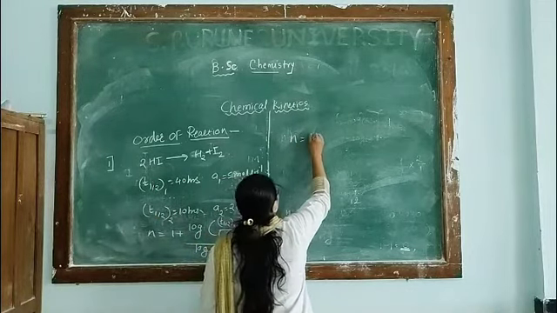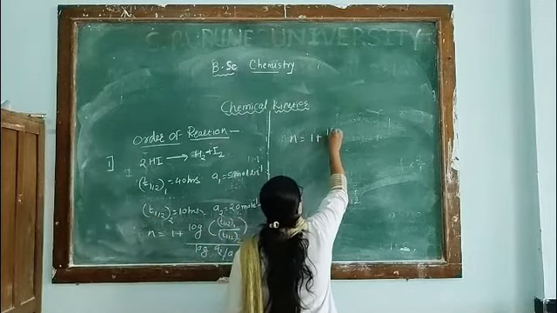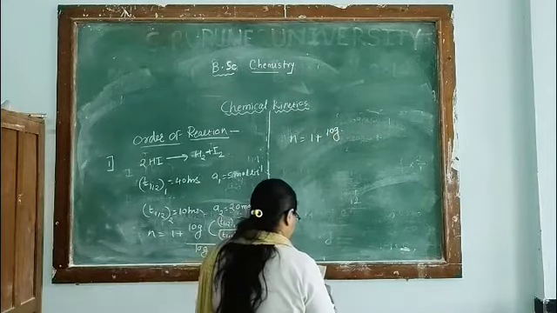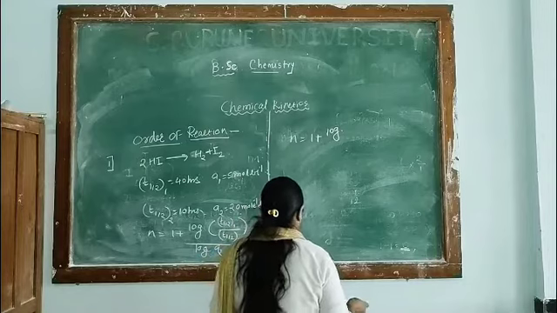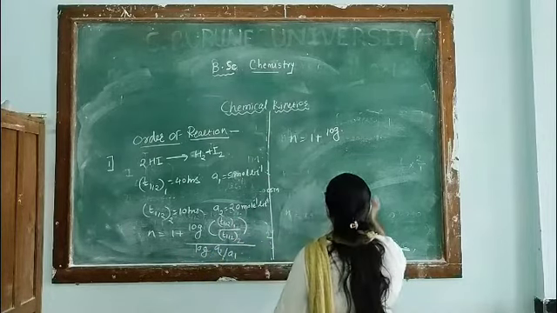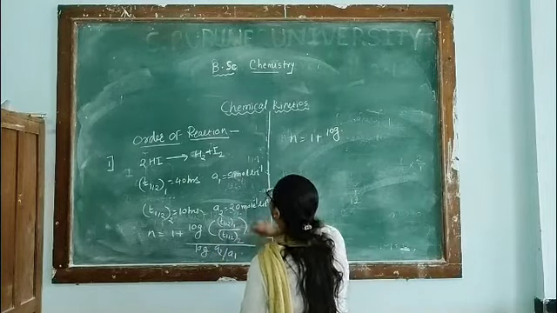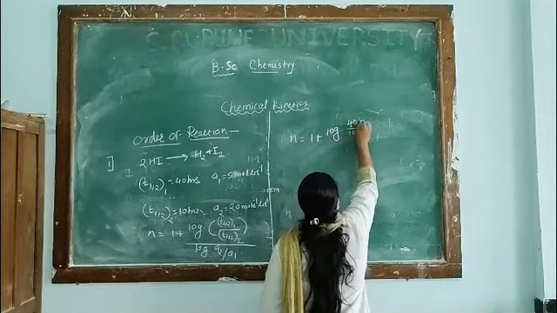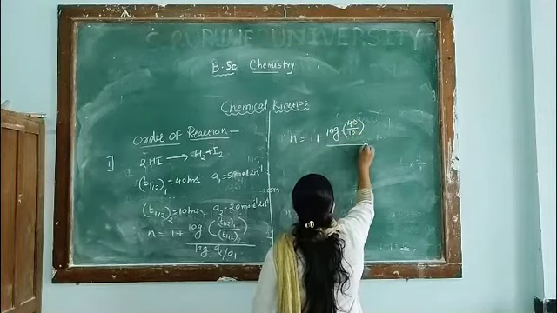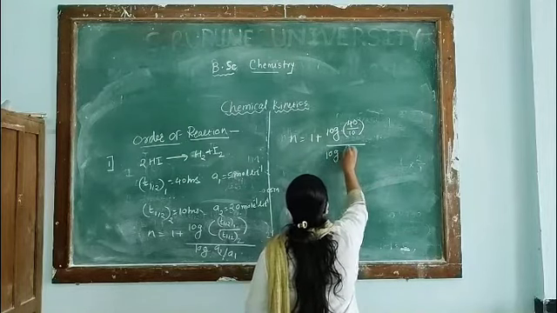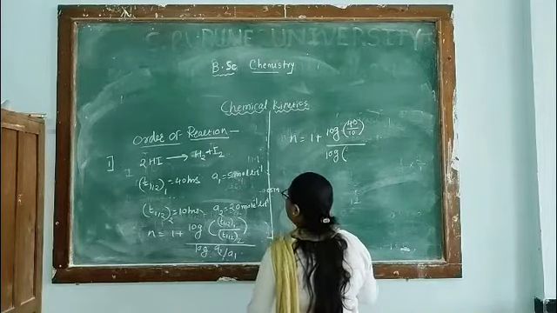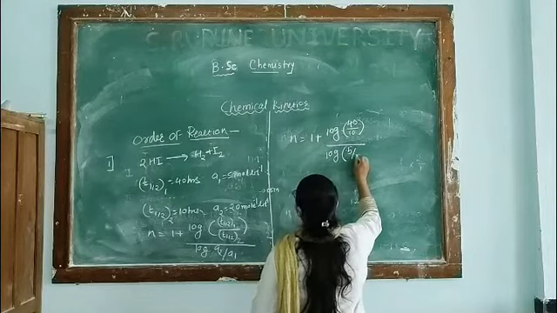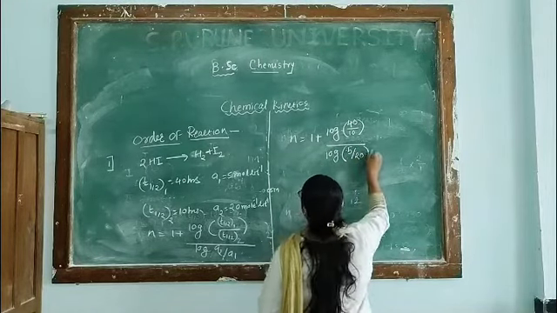N is equal to 1 plus log of t half 1 is 40, t half 2 is 10, divided by log of a2 is 20 and a1 is 5.